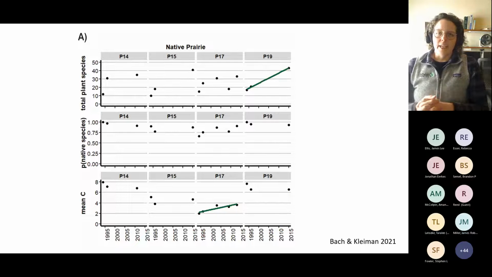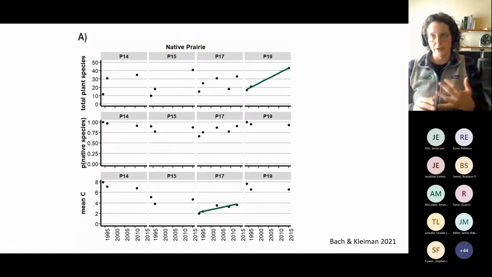When we dig in and look at metrics like total plant species across the top line here, we see that one of those native prairie plant communities did show an increase in total plant species. The others didn't show any change. In the middle line, we're looking at the proportion of native species. And you'll note that that's pretty high for most of these remnants, near 100%, if not actually 100%. And what we see here is that that percentage is not changing over time.